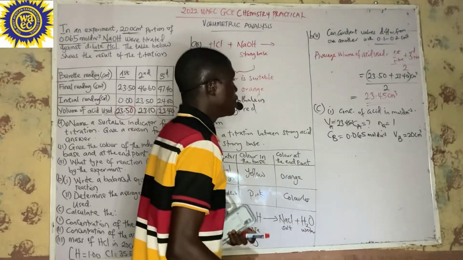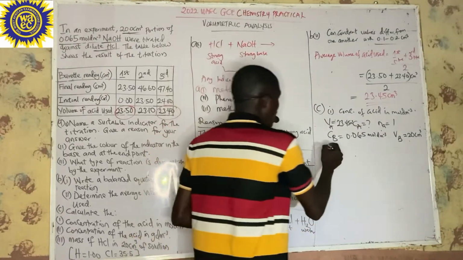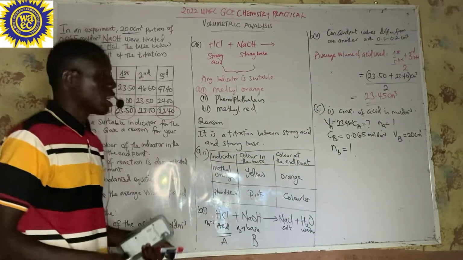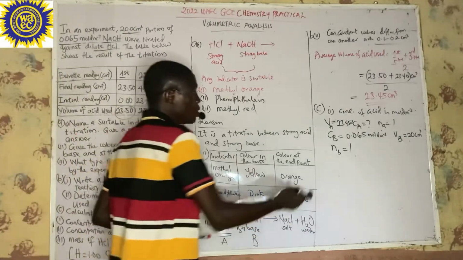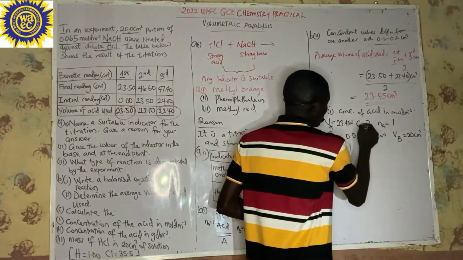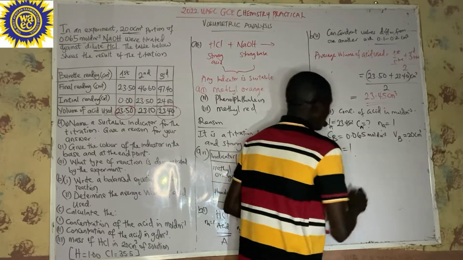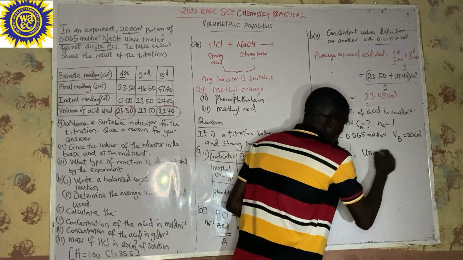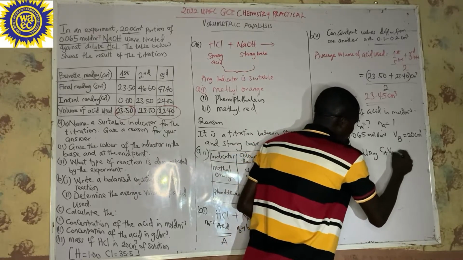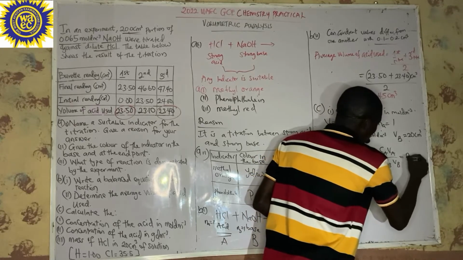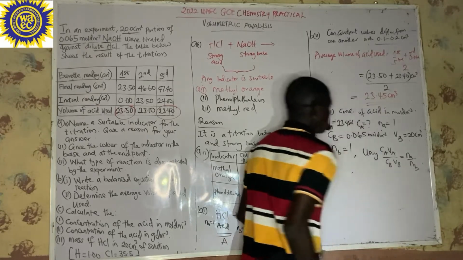With these parameters, and the last one is NB, which is also 1, you can now calculate your unknown, which is your CA, the molar concentration here. How do you go about that? Using CA VA over CB VB equal to NA over NB.